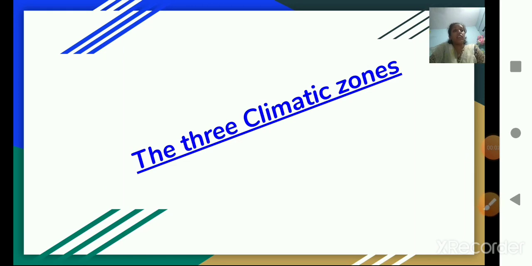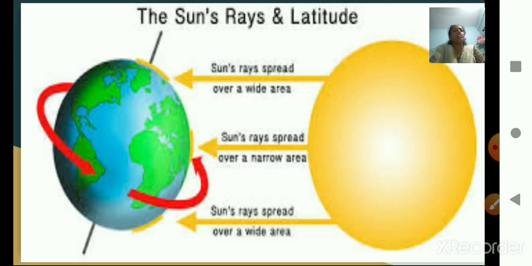Let's see the 3 climatic zones on the earth. As we all know that the earth receives light from the sun. The earth gets heated by the rays of the sun falling on it. Look at the diagram, children. It shows the same amount of rays from the sun falling at different parts of the earth's surface.